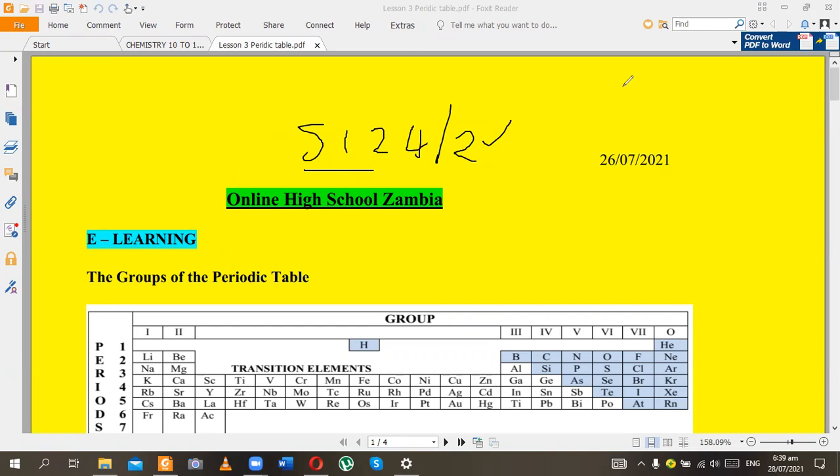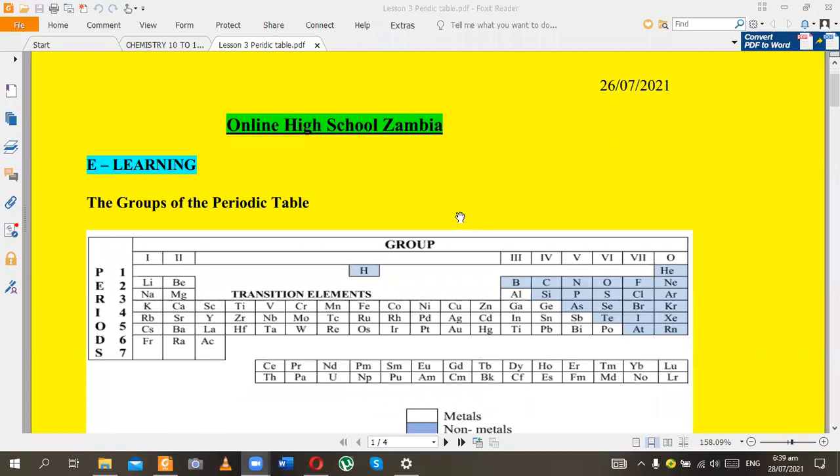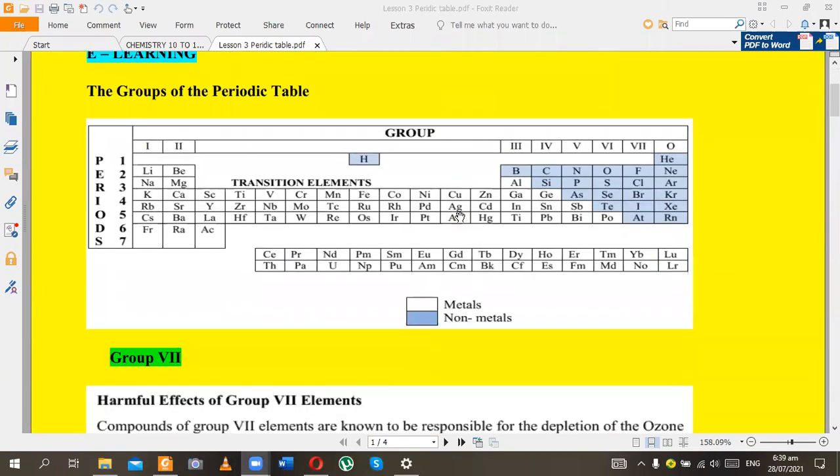However, without wasting much time, let us look at what we have here. We have the periodic table that we're going to look at. The previous video has a lot of things explained. This part is just the continuation of what was discussed earlier.